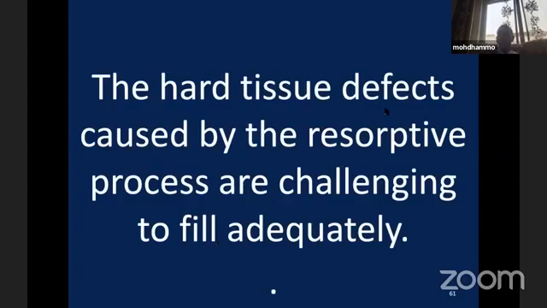The hard tissue defects caused by the resorptive process are challenging to fill adequately. When we have internal resorption and want to fill it with our obturation technique, it is difficult.